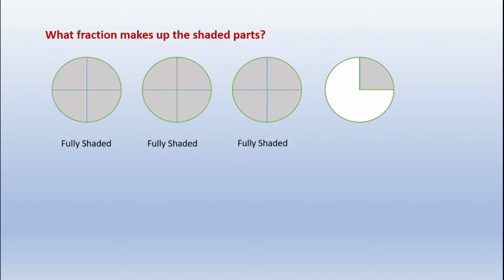But the fourth one it is 1/4 shaded. So that the total shaded fraction is 1 plus 1 plus 1 plus 1/4. So the total shaded fraction is equal to 3 1/4.